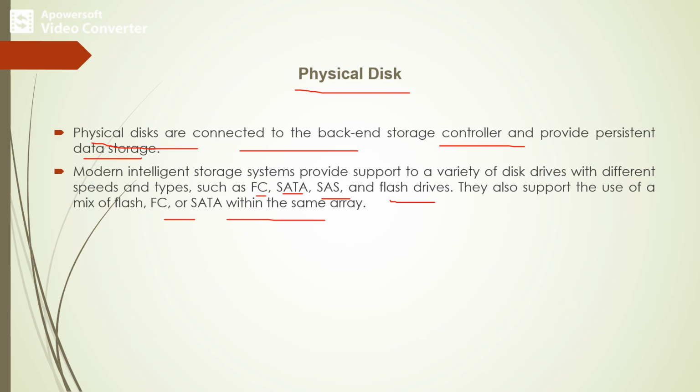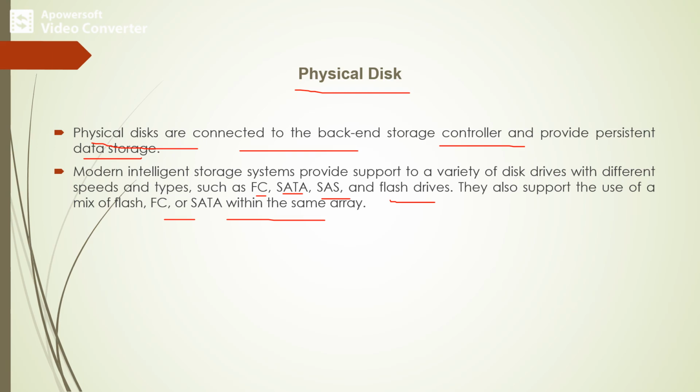As I explained before, with respect to the intelligent storage system, we have the major components: front-end controller, cache, back-end, as well as the physical disk. The front-end consists of front-end port as well as front-end controller. The next part is cache, which is located between the front-end as well as the back-end.